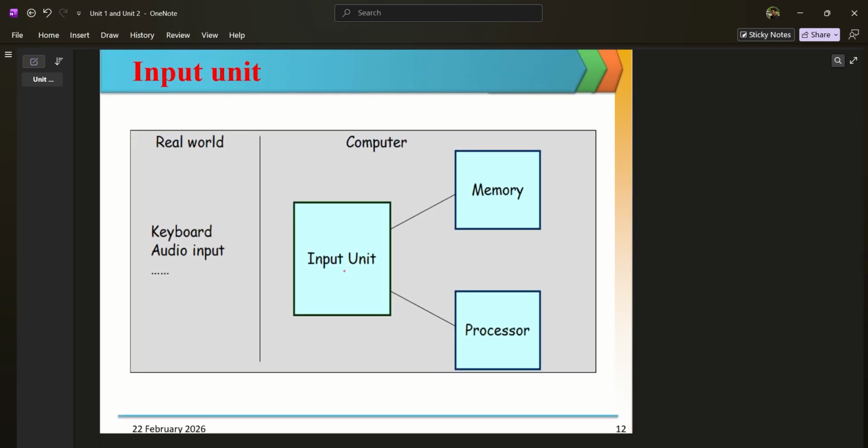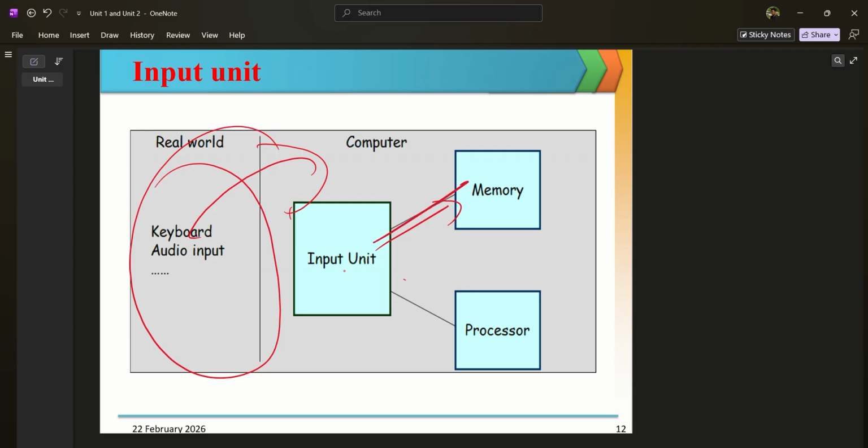So this is the example. This is an environment. The input unit interfaces with the input devices, gets the signals from them, and converts them to binary information which is understood by the computer. Then it gives it to memory, and also to the processor.